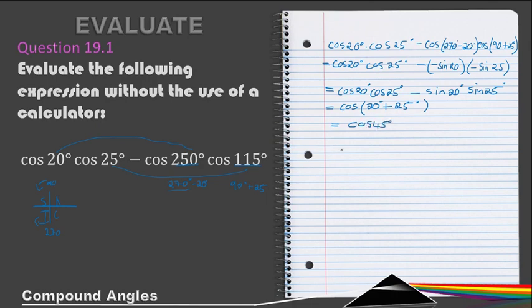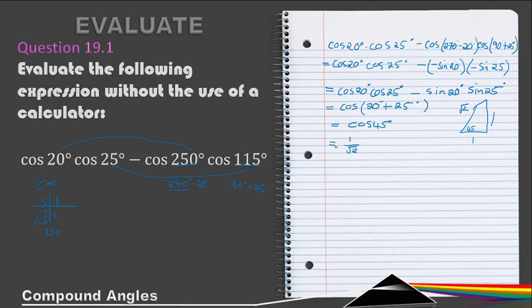Right, 45 is a special angle, so I can use my triangles to determine that without a calculator. If I have a 45 degree triangle, where the sides are 1, 1 and square root of 2, then cos says adjacent over hypotenuse, so that is equal to 1 over square root of 2.